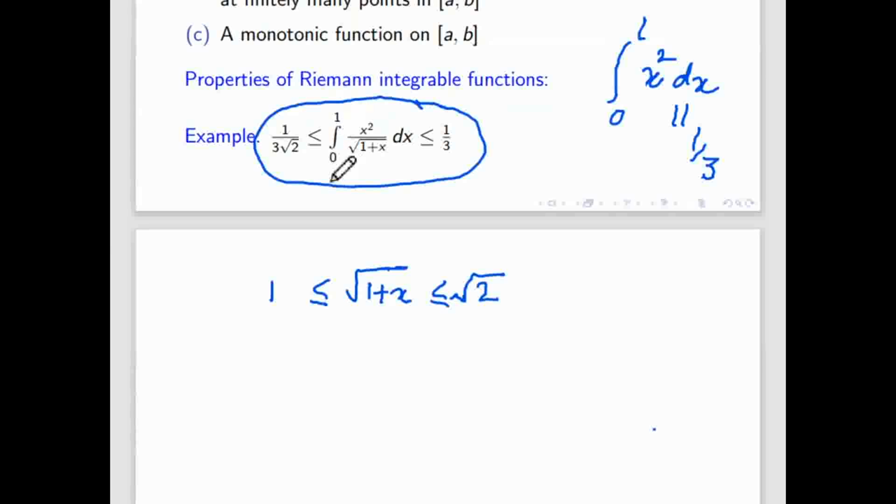If you take the minimum value, it will give 1. If you take the maximum value 1, it will give root 2. So approximating this square root of 1 plus x between 1 and square root 2, after integrating, because we know this is Riemann integrable, you will get this result. In the last class we did this, it is 1/3. So this inequality is true.